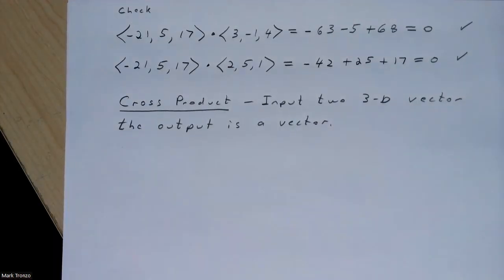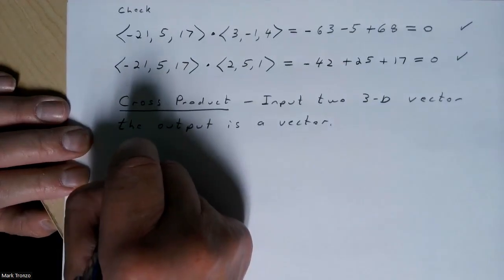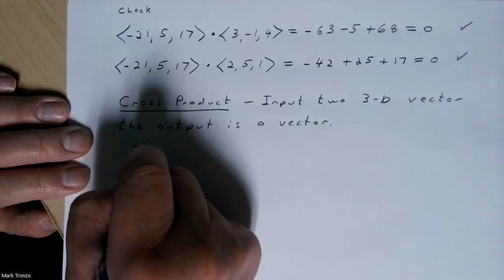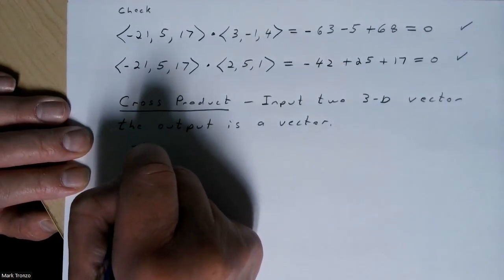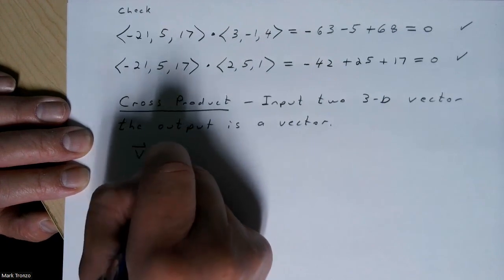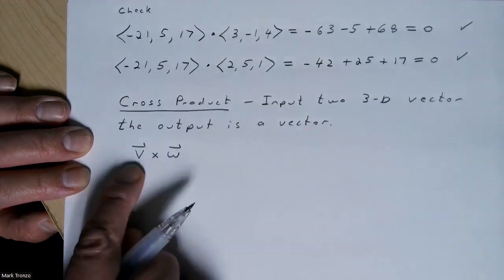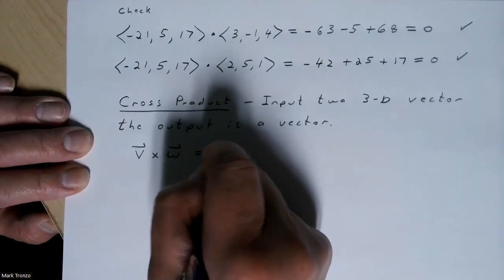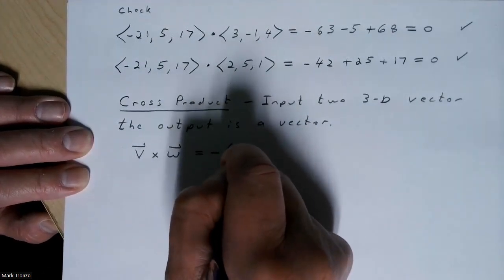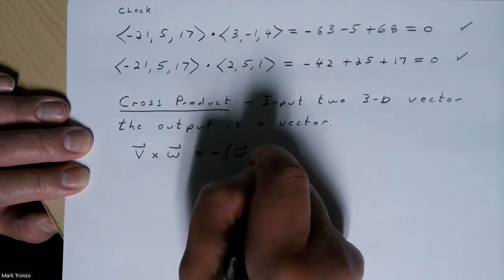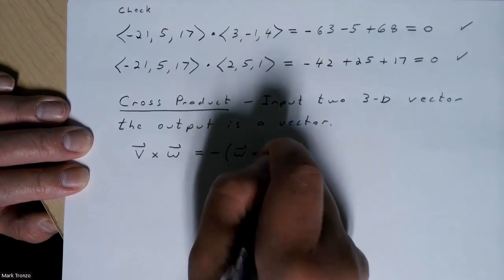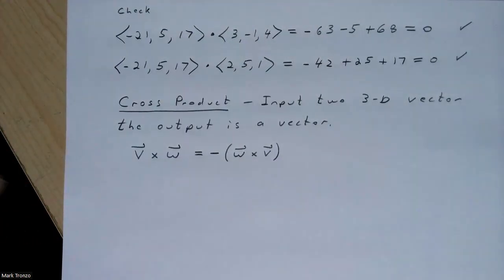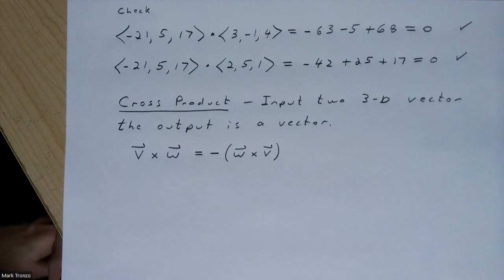Something else really important, unlike the dot product: remember, the dot product said that V dot W was the same as W dot V. Well, that's not true of the cross product. V cross W is actually equal to the negative of W cross V, so you'll get a negative answer.